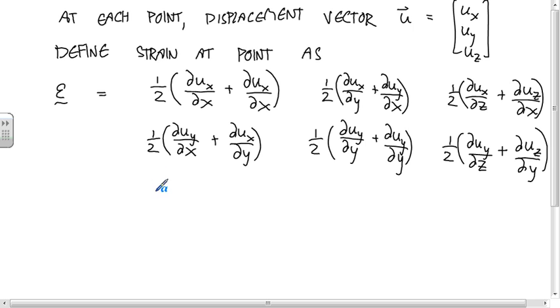And then the zx is 1/2 times the partial of uz with respect to x plus the partial of ux with respect to z.